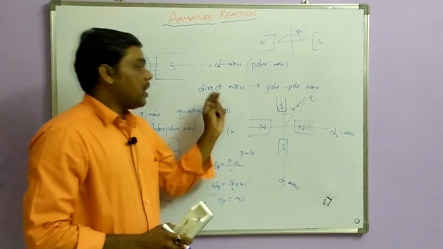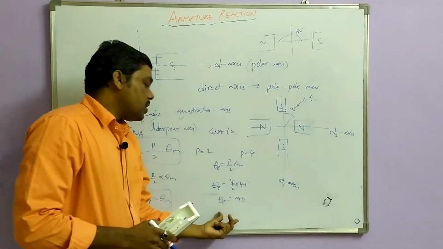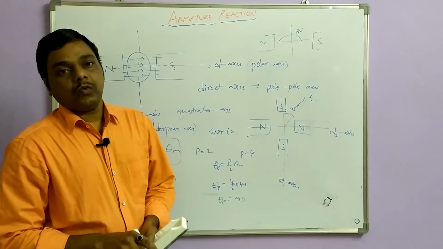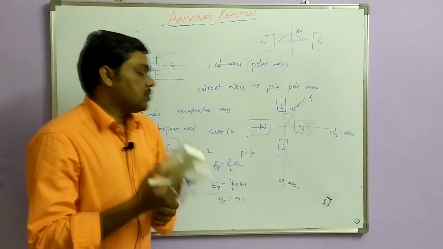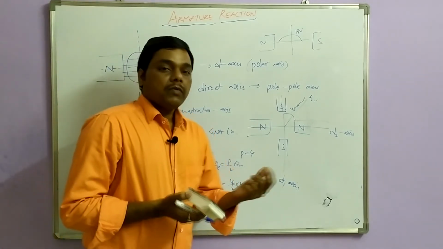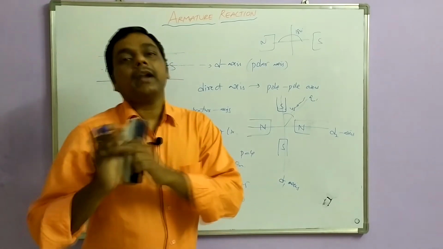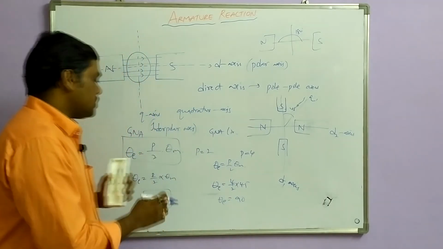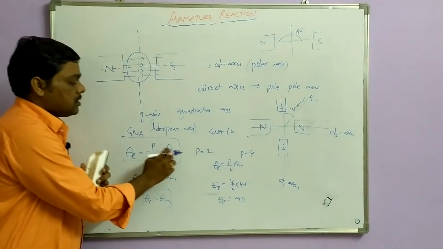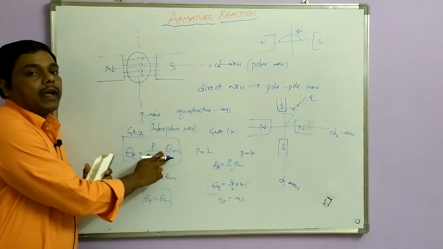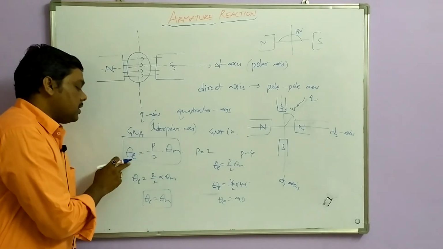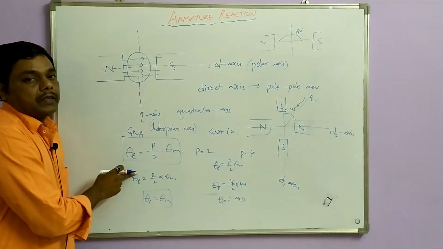If you take 90 degrees of rotation, it will be equal to 180 degrees. And further, for 6-pole and 8-pole, that will be 3 times, 4 times. So the relation between mechanical and electrical degrees is very important, where theta m stands for mechanical degrees and theta E stands for electrical degrees.